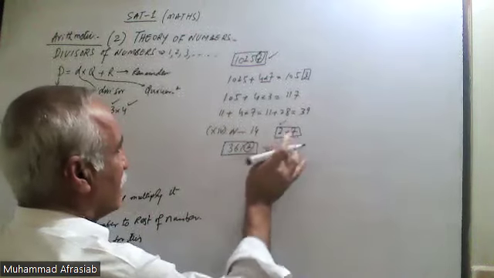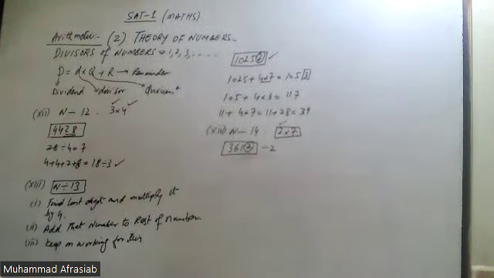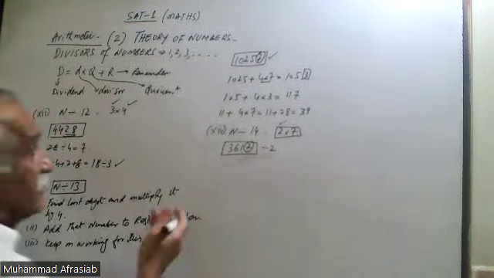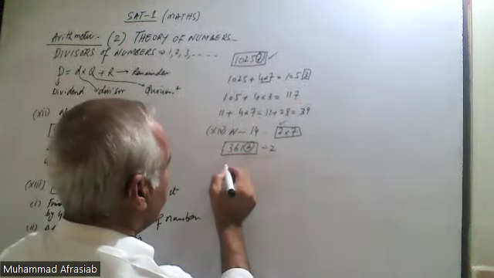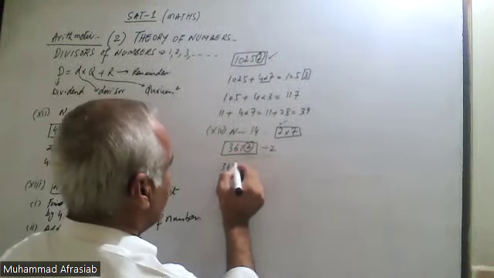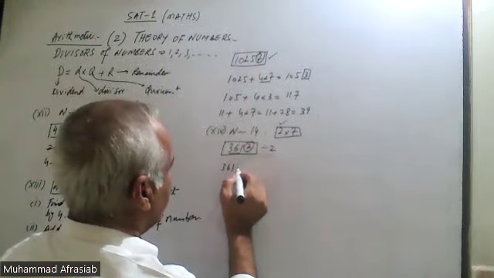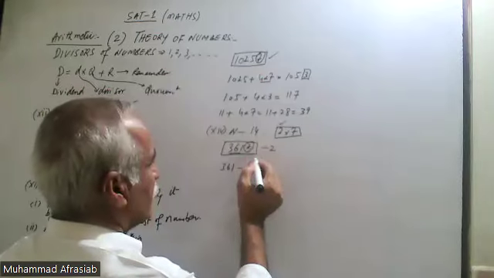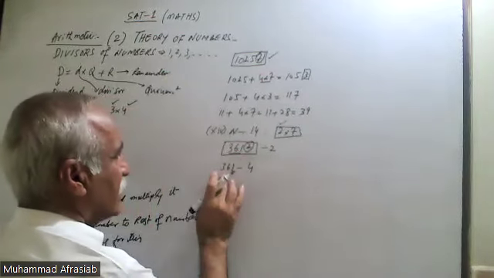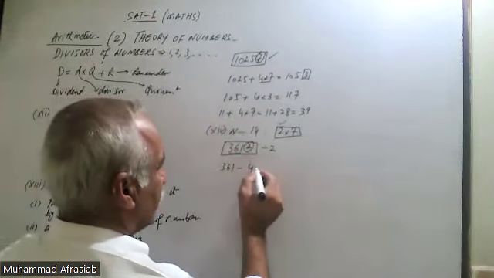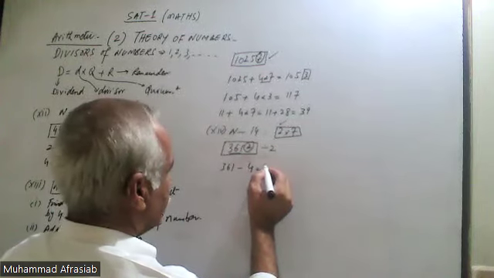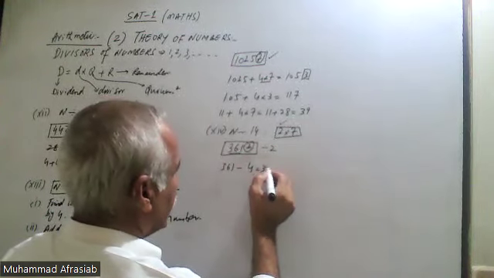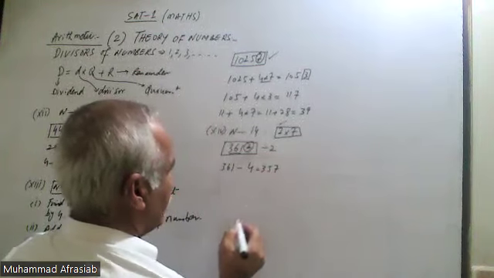Then for the 7 rule, we will follow the same procedure as we did in the previous part. That is 361 minus 2 into 2, 4. Because this 2 is multiplied by 2 and then subtracted from the rest of the number. This will become 357.